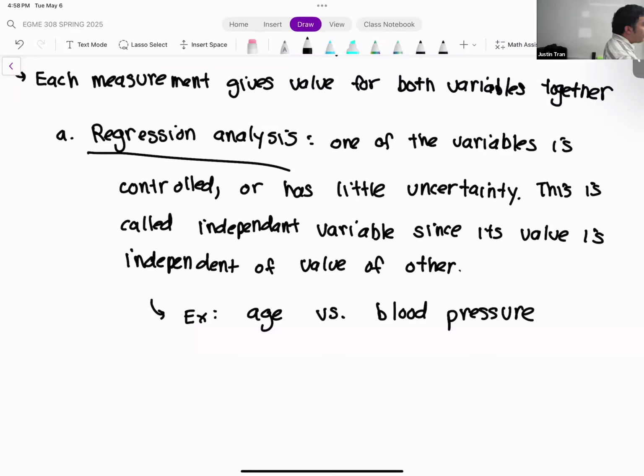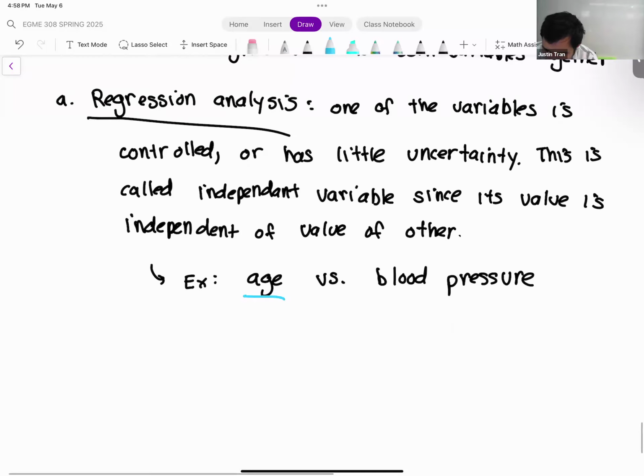And so generally what people have observed is that as people get older, their blood pressure gets higher. And there is some physiologic background for this, but if you're going to do an analysis on this, in this case, age would be your independent variable, right? And your blood pressure here will be the dependent variable.